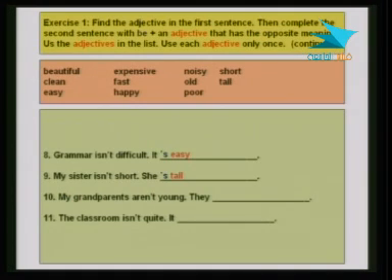They're old. The classroom isn't quiet. The opposite of quiet is of course noisy. Therefore the sentence becomes, it's noisy. The sentence, it's noisy, is the opposite of the sentence, the classroom isn't quiet.